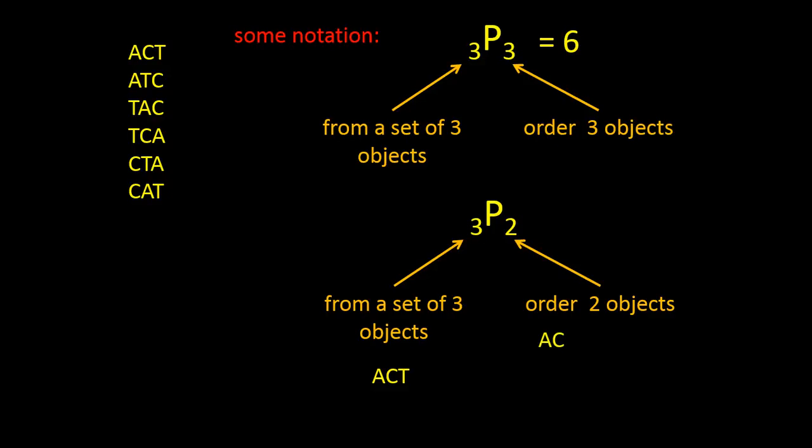Well, that could mean choosing just the A and the C, or the A and the T, or the T and the A, or the T and the C, or the C and the A, or the C and the T. So the number of ways we can choose 2 objects from a set of 3 objects with order is equal to 6.